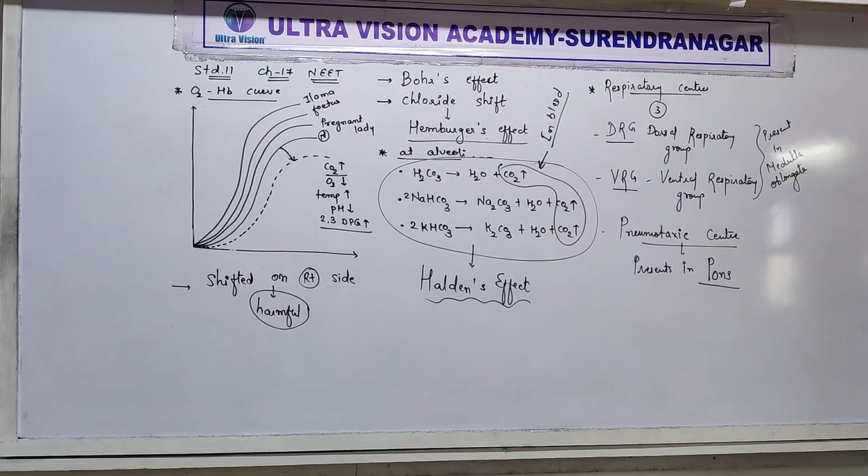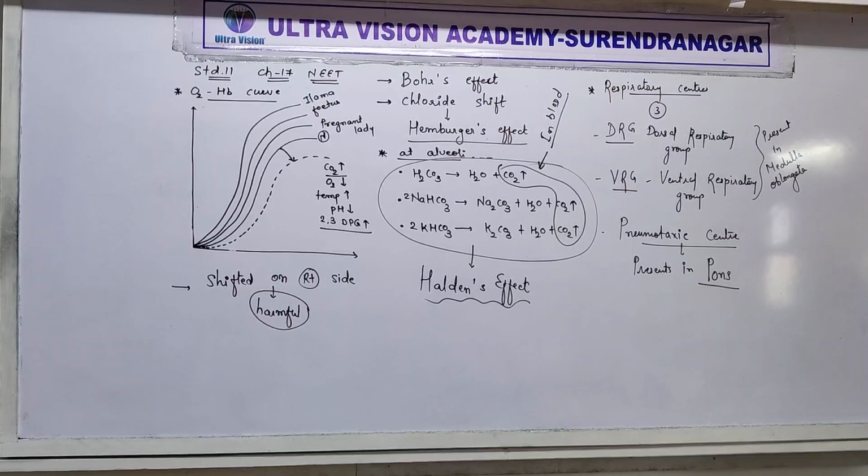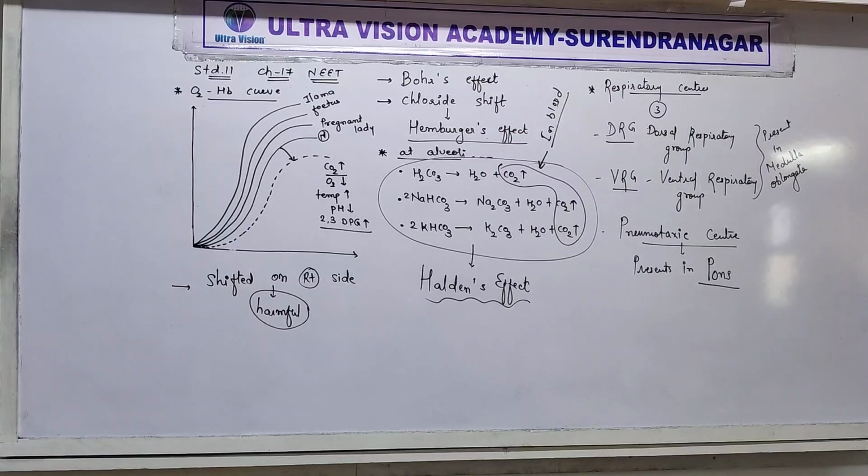One is DRG, dorsal respiratory group, and another is VRG, ventral respiratory group. Another way we say dorsal respiratory center and ventral respiratory center, both centers are present in the medulla. And the third center is the pneumotaxic center, which is present in the pons.